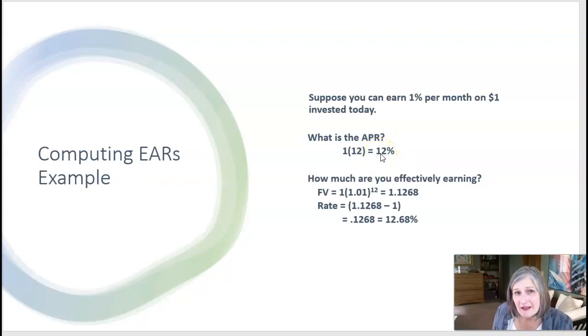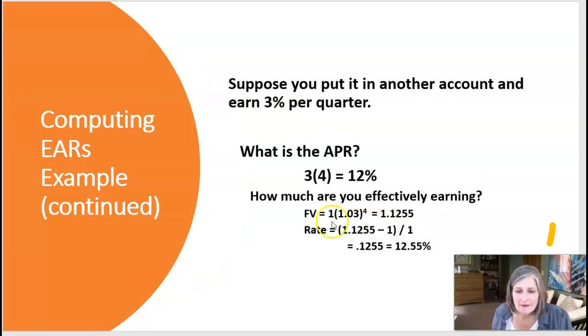The effective annual rate, because I'm going to compound this 1% every month, is what we're actually effectively earning, and it's going to be 12.68%. So we take 1.01 to the 12th power, and then subtract out the 1, and we get 12.68%.